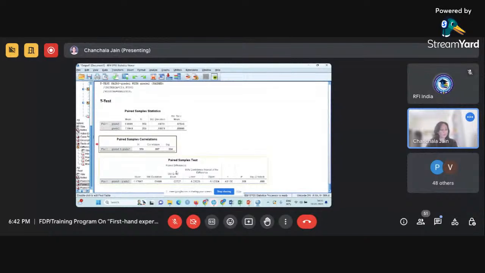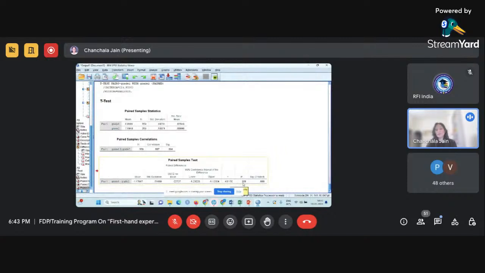Talking about the last table, which gives you the t value and its p value, we can see the mean difference is minus 1.17. The standard deviation of this difference is 0.51668. This is the standard error of the mean, and this is the 95% confidence interval of the differences, lower and upper limits, and the t value is minus 43.15.